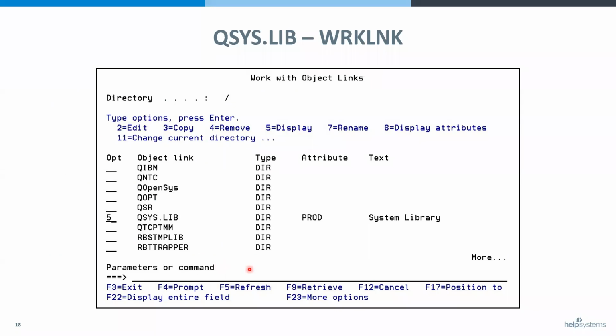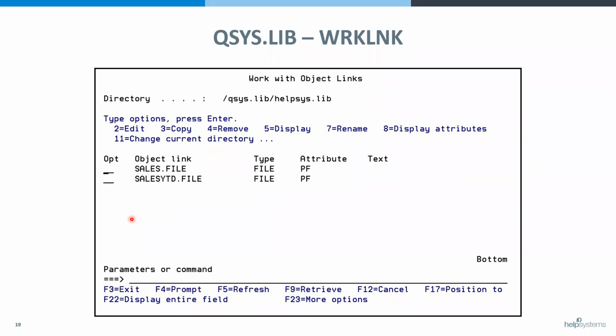So here we are. A screen example of that is if I put a 5 here, it's going to show me all the other libraries that are underneath it. So for instance, maybe I want to copy a file from the library system into the IFS, I can use this structure as we see in the next slide to address it.